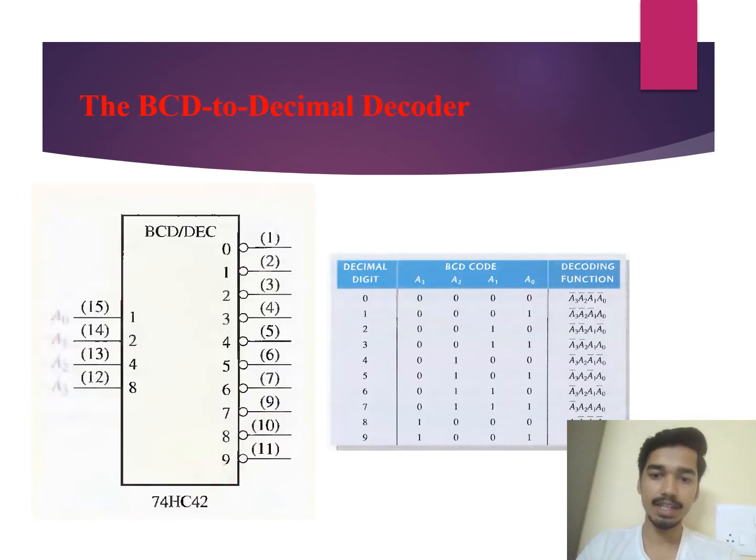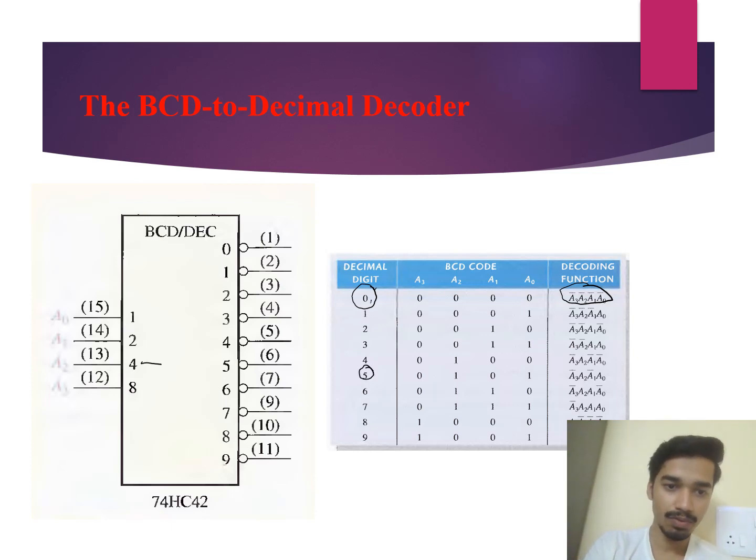So in BCD, we convert the decimal digits to binary, and according to that, we get the outputs. Here we have the first number 0. For 0000, we get the output as this decoding function. For the input, let's take 5. 5 will be represented as the sum of 4 and 1.